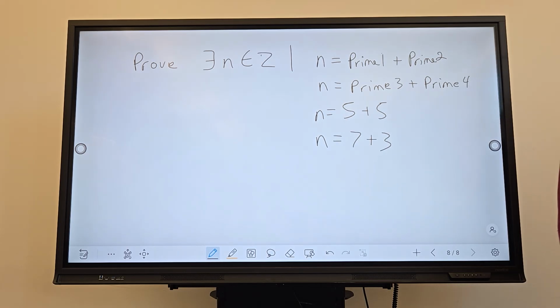All right, a non-constructive proof of existence involves showing either A, that the existence of a value of x that makes Q of x true is guaranteed by an axiom or previously proved theorem, or B, that the assumption that there is no such x leads to a contradiction.